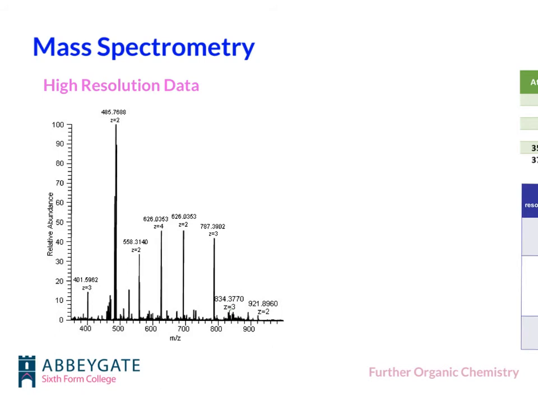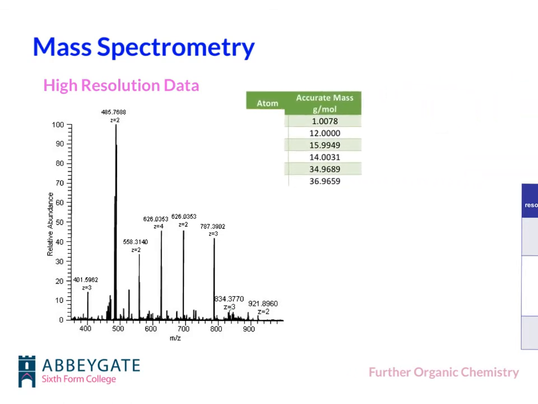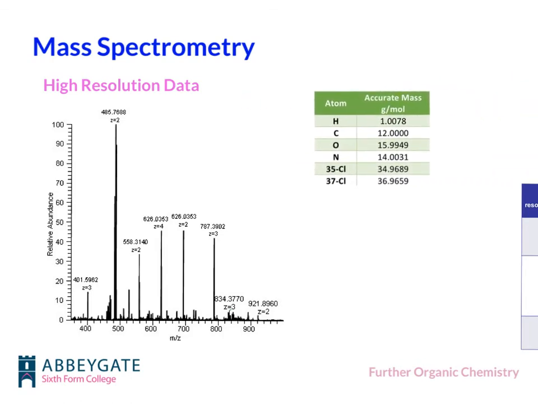So the next question you might ask is, where do these 4 decimal places come from? I've got a table here of the actual accurate mass of the different atoms.